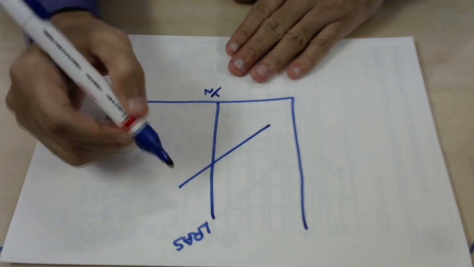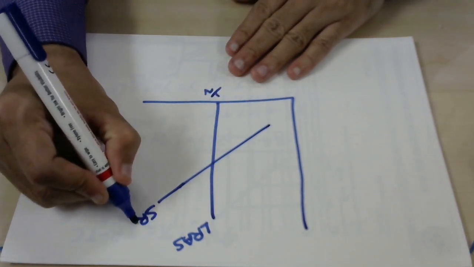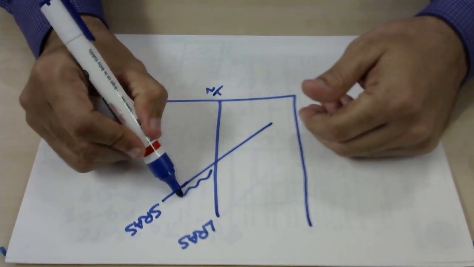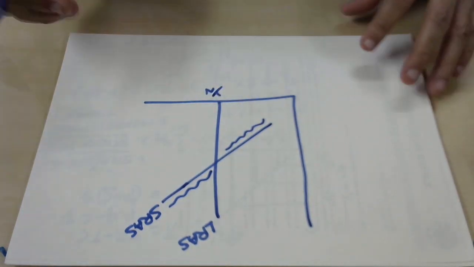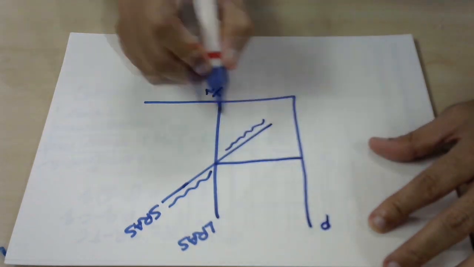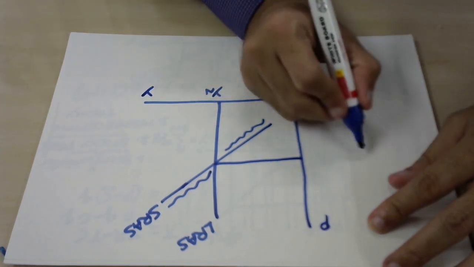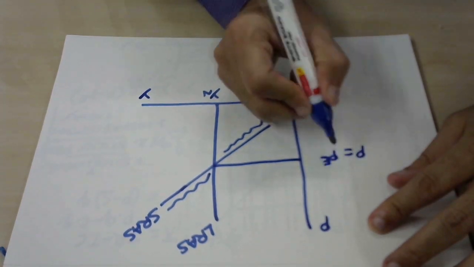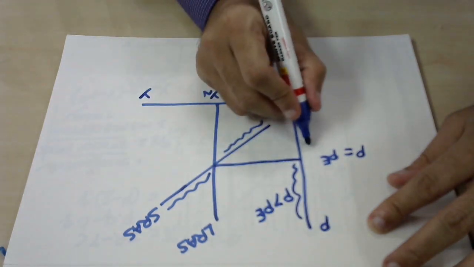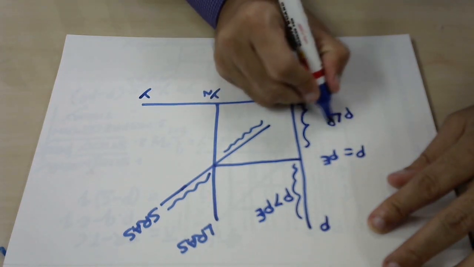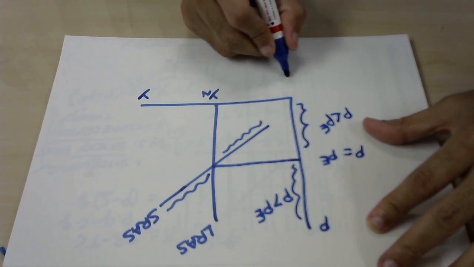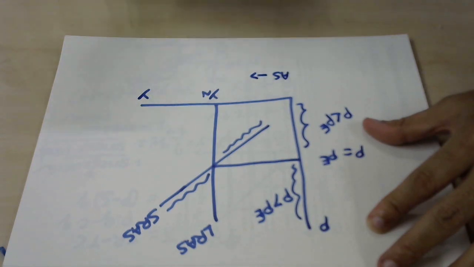But in the short run, output can be below Yn or above Yn, depending on what is happening to the actual price level vis-a-vis the expected price level. Here P is equal to PE. For this portion P is greater than PE, and for this portion P is less than PE.